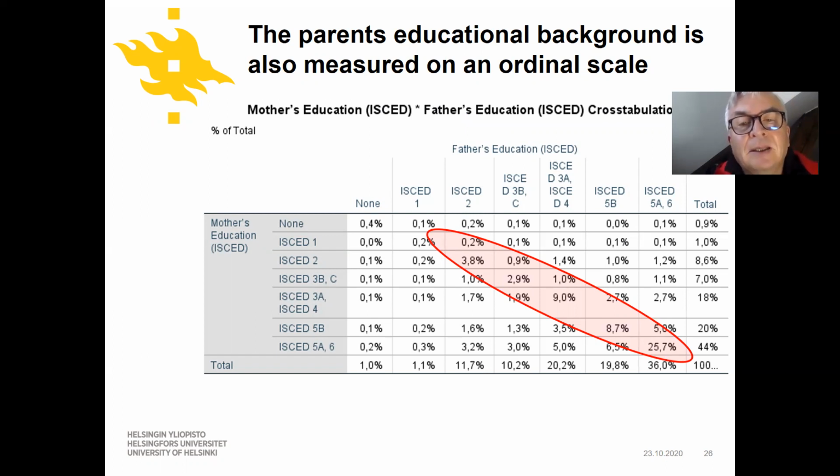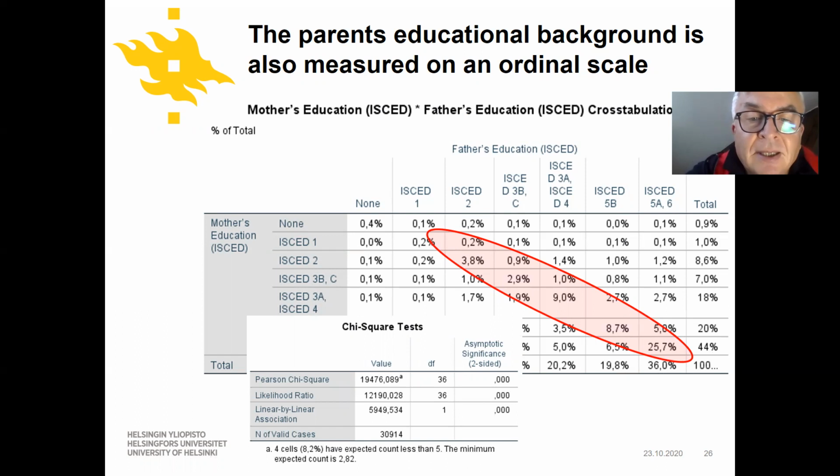At least it means that typically people get married with people or get kids with people who have more or less the same educational background as they do. If you look more carefully at this, you can also see that actually the women in the Scandinavian countries are slightly more educated than the men.